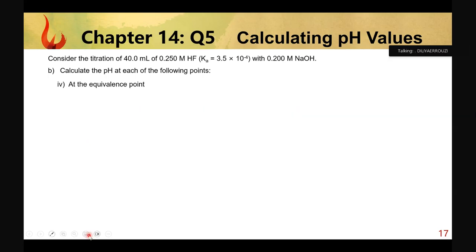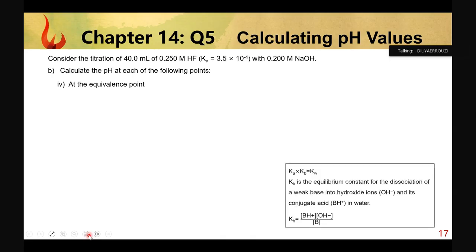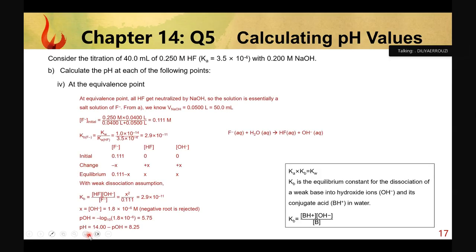So at the equivalence point, we just calculated we need 50 ml of sodium hydroxide to reach the equivalence point. So from the first part, we know the volume. Then at the equivalence point, all the hydrogen fluorides are neutralized by the sodium hydroxide. So they're basically salts.